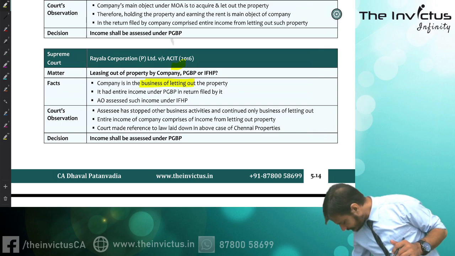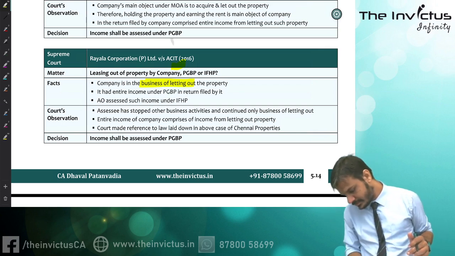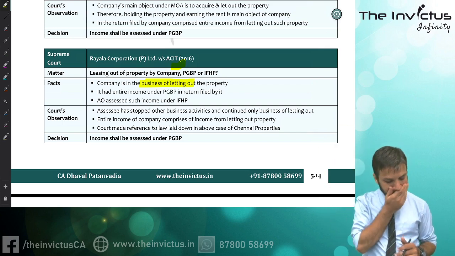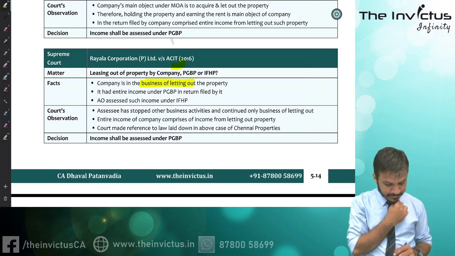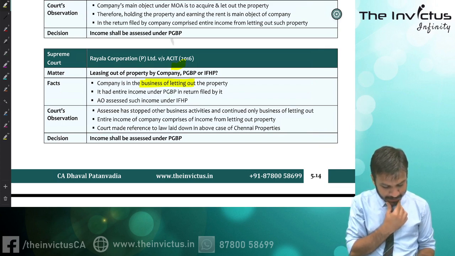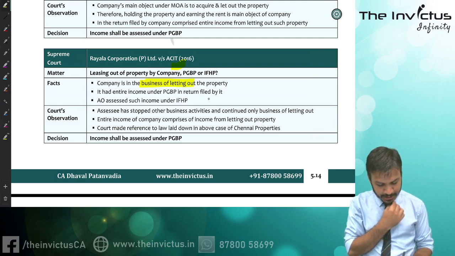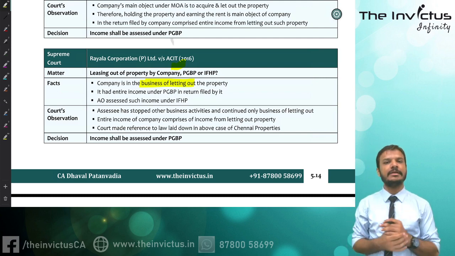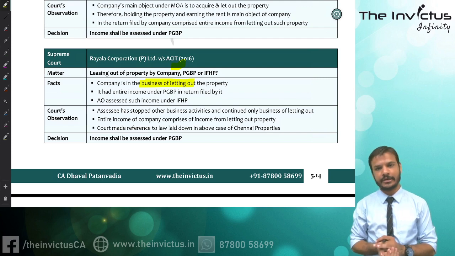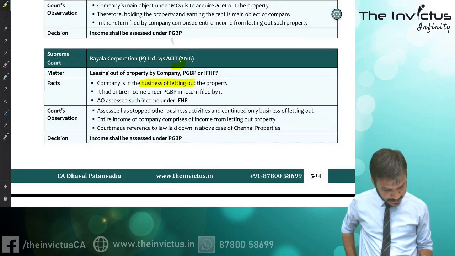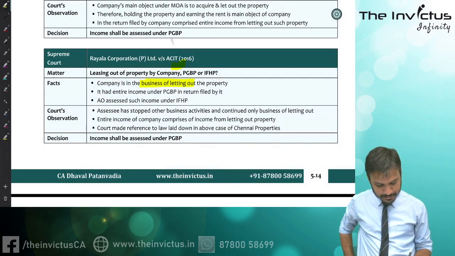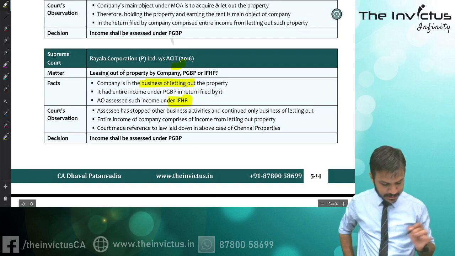The company is in the business of letting out of the property. It had shown entire income under PGBP in the return filed by it. The company filed its return by showing income under PGBP. The AO assessed such income under IFHP.